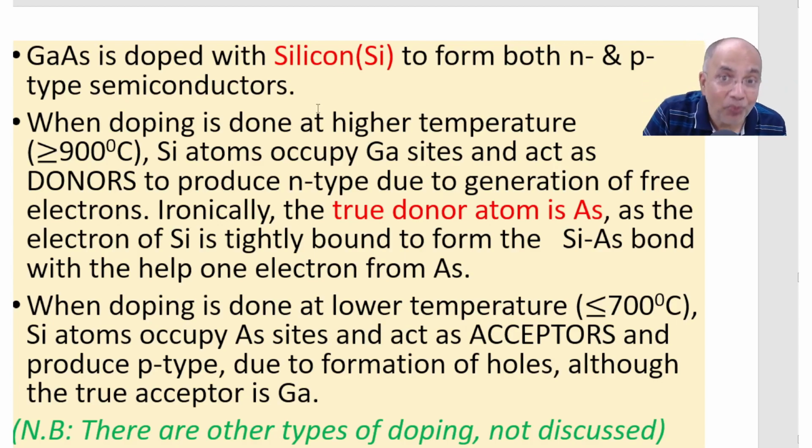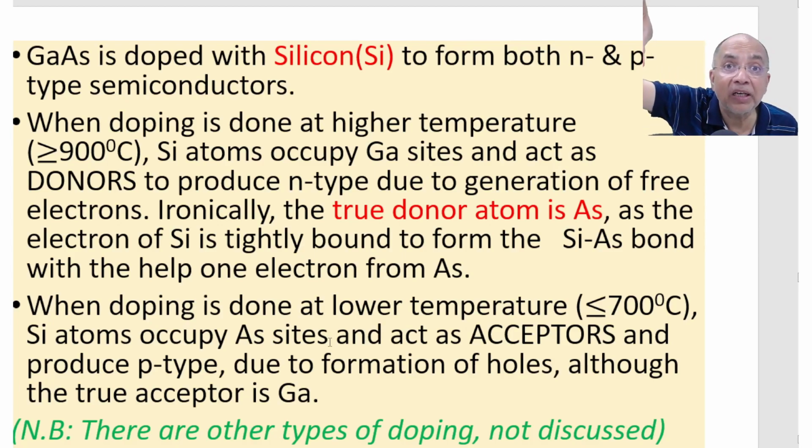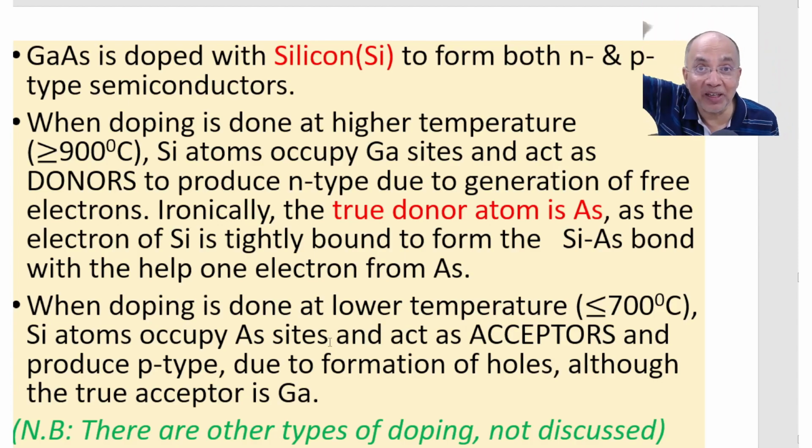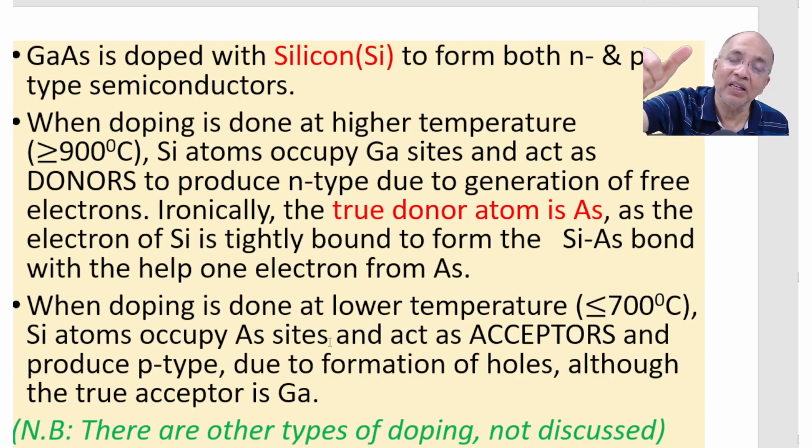Similarly, if you dope gallium arsenide with the same silicon at a lower temperature, less than 700, at that temperature condition, some of the silicon atoms displace the arsenic group 15 partner and occupy their positions. Once arsenic is gone, 5 electrons are gone, and you have 4 electrons, so a hole is created. 5 electrons are gone, and 4 electrons have come, so there is a hole.